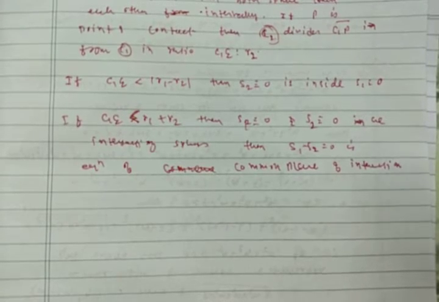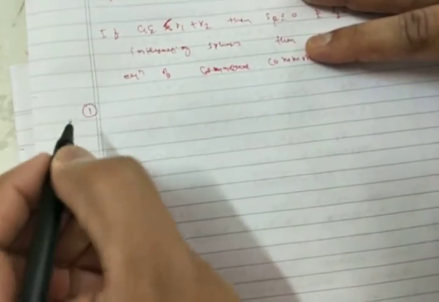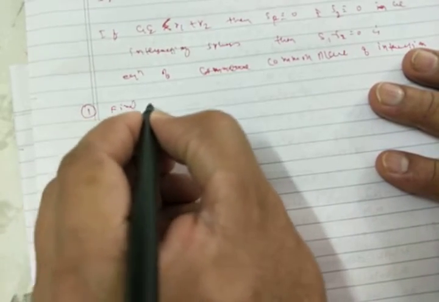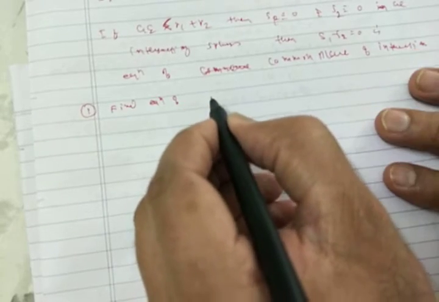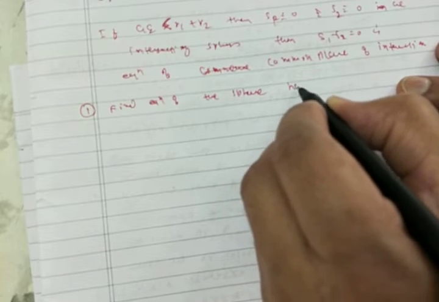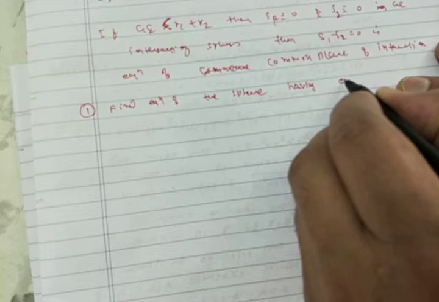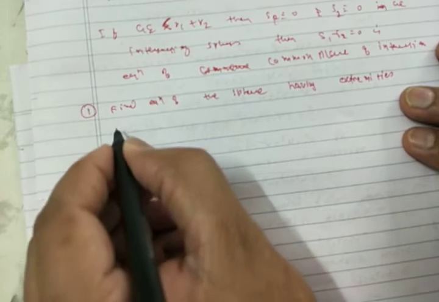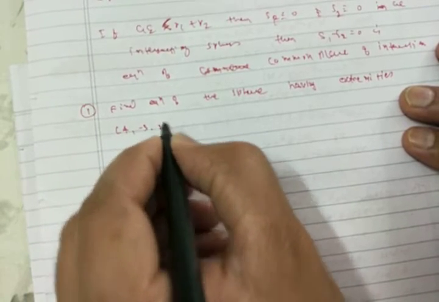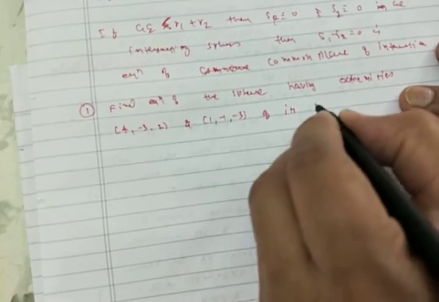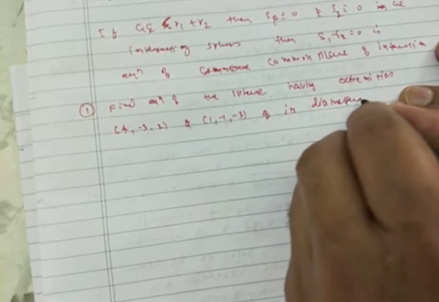Now let us see a few examples. Example number 1. Find the equation of the sphere having extremities (4, minus 3, 2) and (1, minus 1, minus 3) of its diameter.